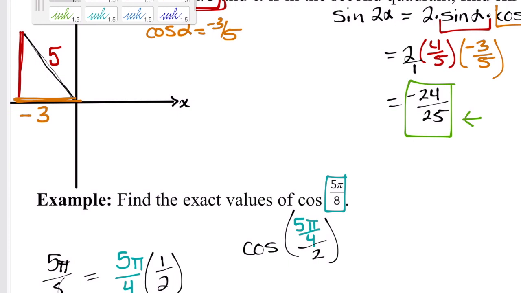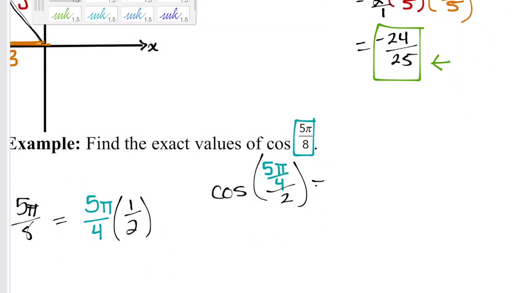So I can use my half angle identity in order to figure out what cosine of 5 pi over 4 is, and then that whole identity will tell me the 5 pi over 8. So plugging this into the identity, this is the plus minus square root of 1 plus my cosine of 5 pi over 4 divided by 2.